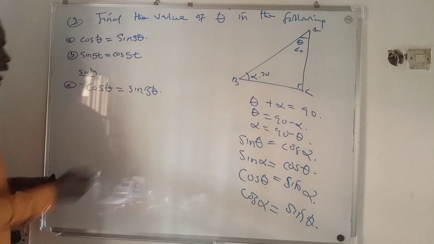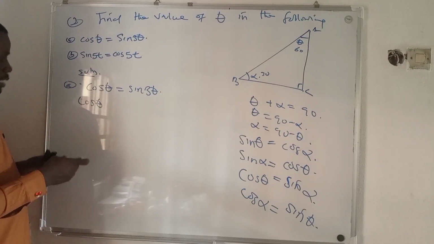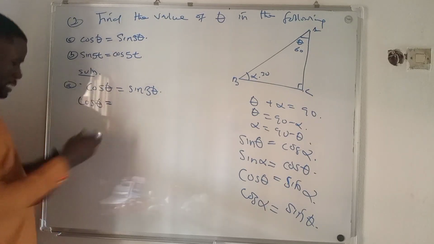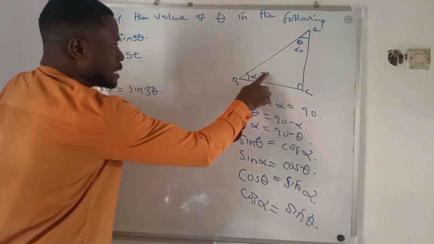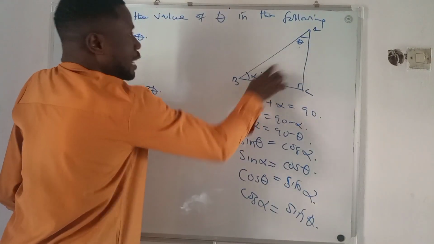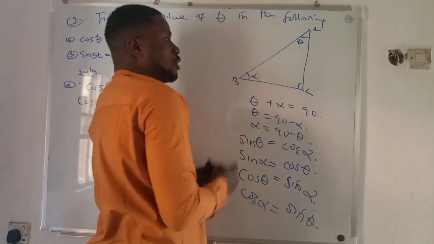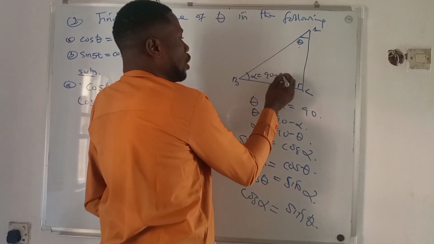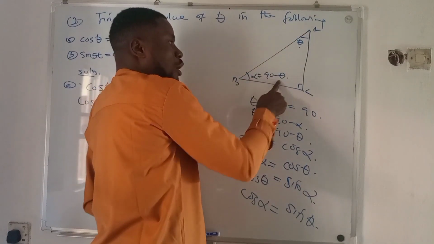If you apply that here, it means that you can say this cos theta will be the same thing as, you ask yourself, what is the complement of theta? Supposing here is now theta as it is now. What will this other angle be? This other angle will be equal to 90 minus theta. That means the complement of theta is 90 minus theta.